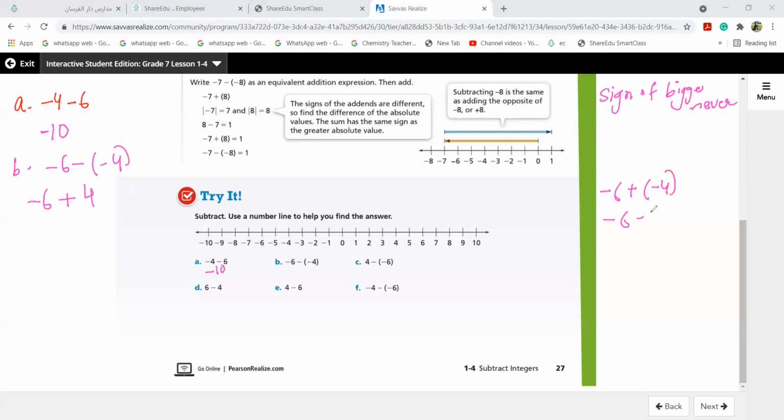Plus and minus, positive and negative gives you negative. But here, negative multiplied by negative will always give you a positive value. Same sign, it will give you positive.